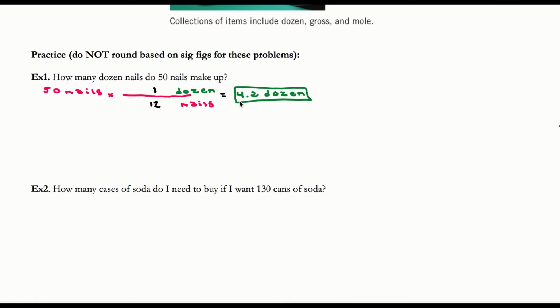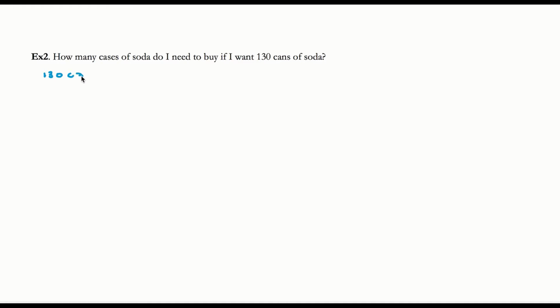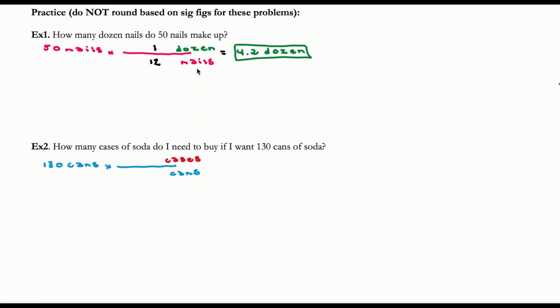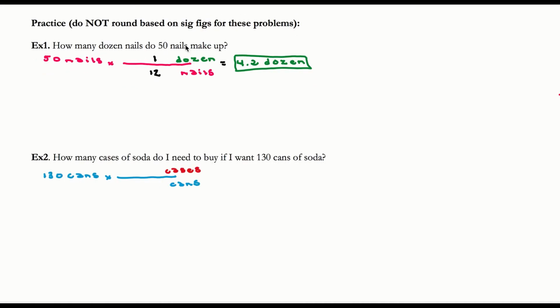Let's look at one more example and then let's get into the chemistry. How many cases of soda do I need to buy if I want 130 cans of soda? Well, my given is 130 cans, and I want to get into cases. So I'm going to put cans on bottom and cases up top. Looking back at our diagram, I know that one case is 24 cans.